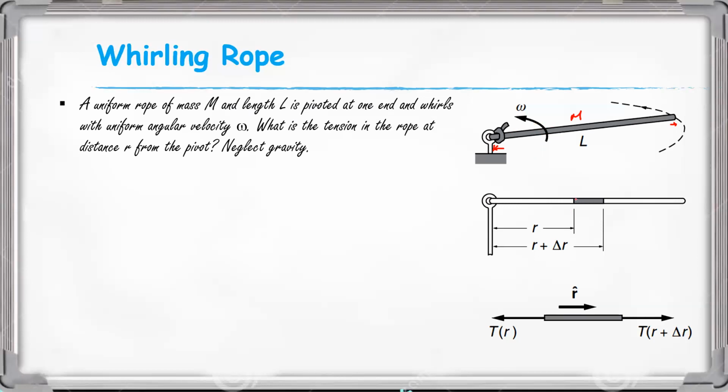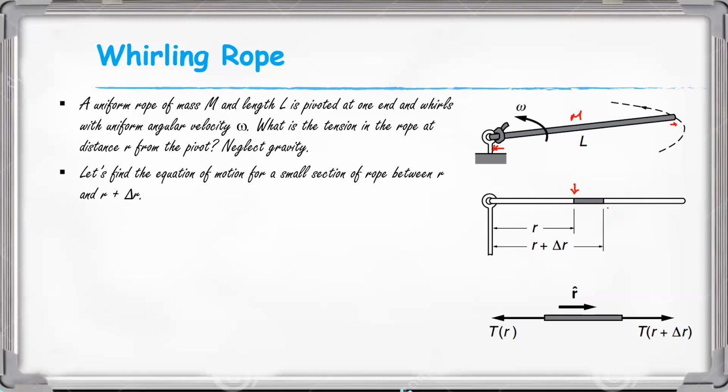Here we consider a part of some section, the shaded section, which is at a distance r from the pivot. Then we have to obtain the tension here. We have to find the equation of motion for this small section of the rope between r and r plus delta r.